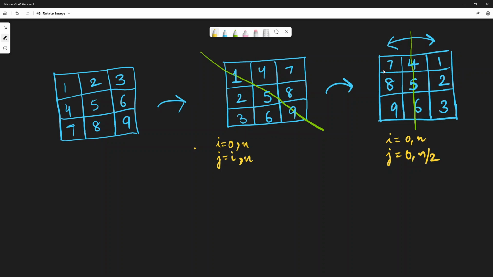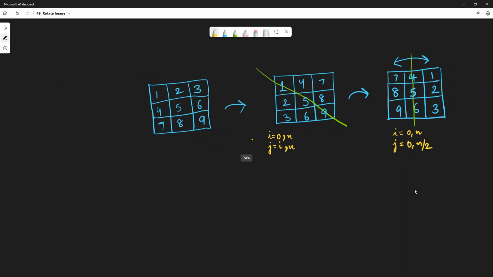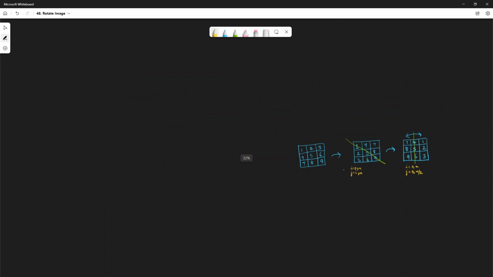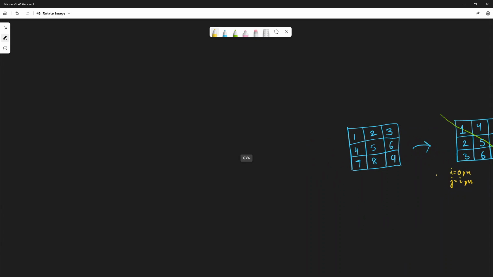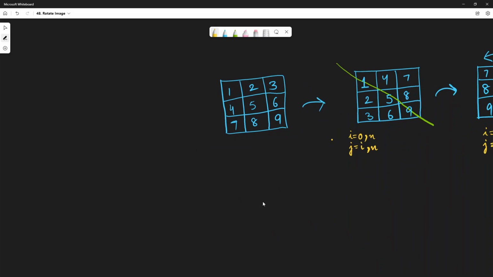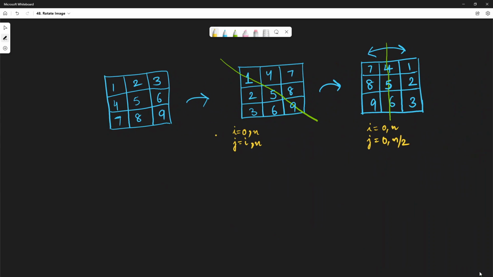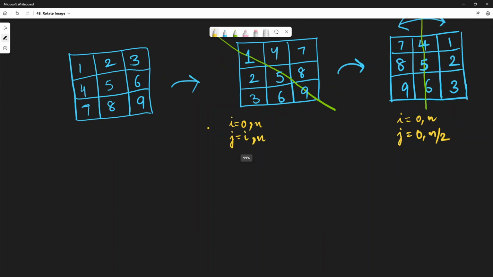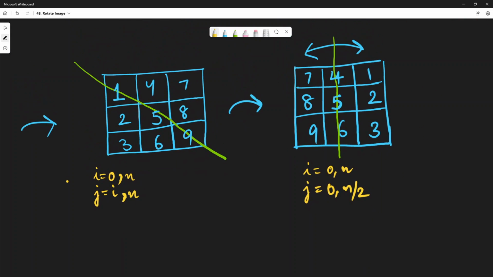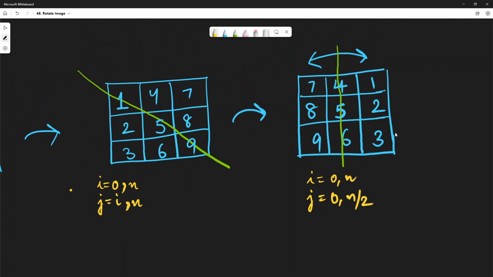So here we will be starting from 0 for our i and go till n, but as we are flipping from the middle, we will be going till n by 2 only, and like that we will be easily able to flip, and thus we will get our answer.